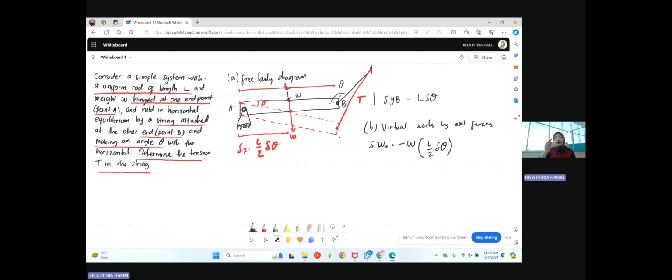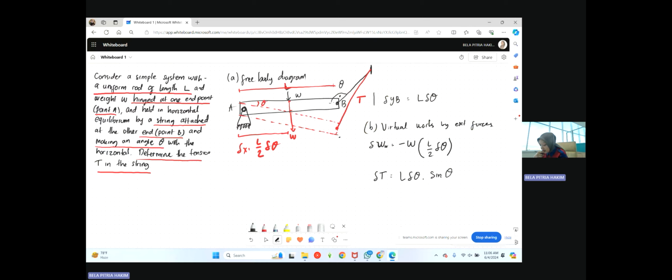That's for the weight. What about the tension? The tension also has a displacement. The length of the beam is L, so L displacement δθ. Don't forget there is a sin θ. Where does it come from?